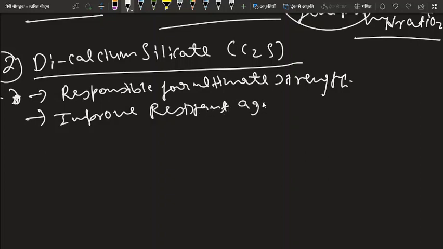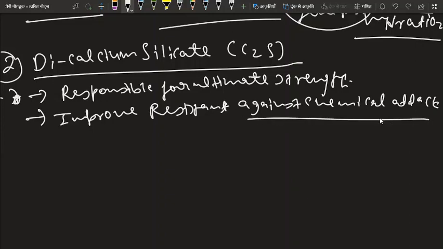This is a very basic and also a pretty good point. If you have this, it is present about 32% on average, and about 25 to 40%. Okay, that is the presence of dicalcium silicate.